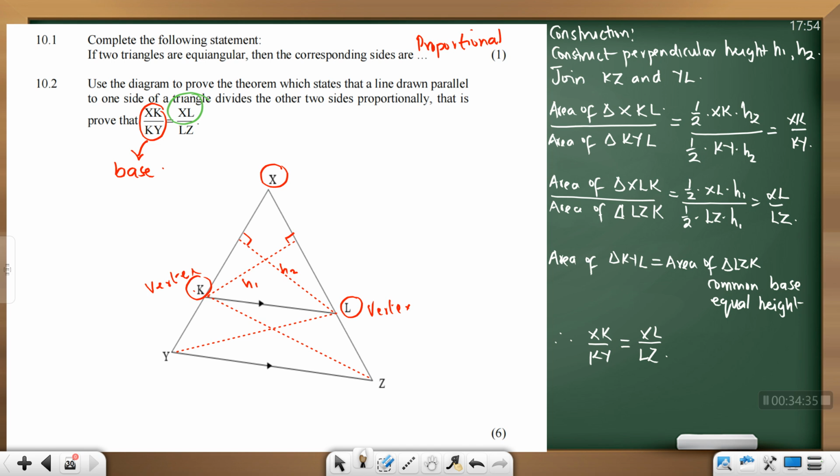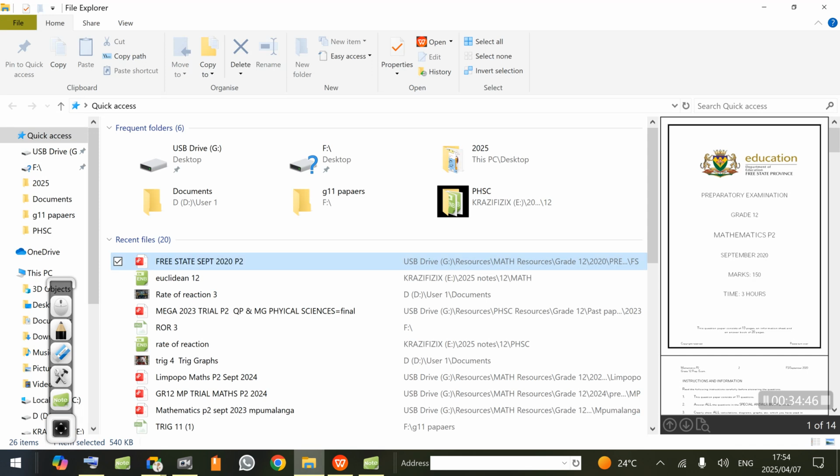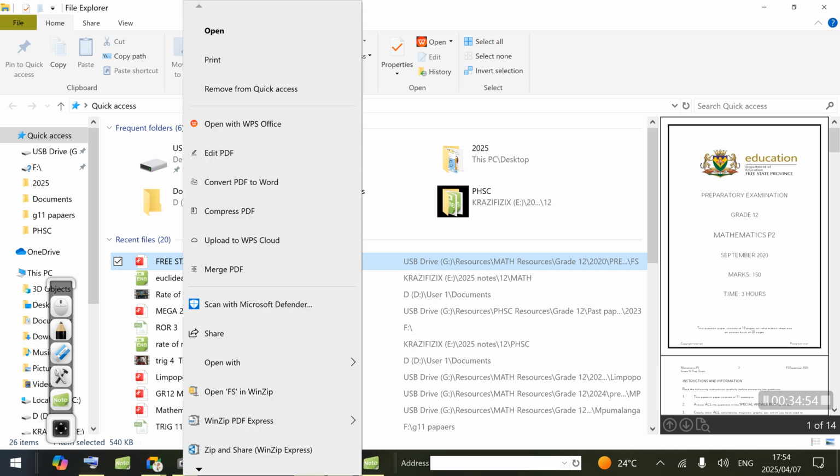6 marks. Just follow the process. I want to see something, guys, quickly. Just hold on. I know you're writing. I want us to check something. It was a Free State paper, right? One second. Open file location.